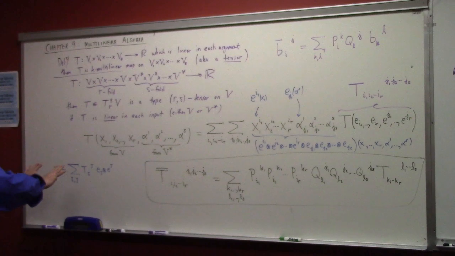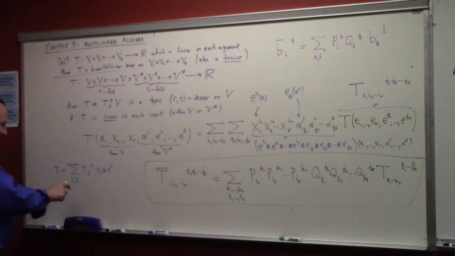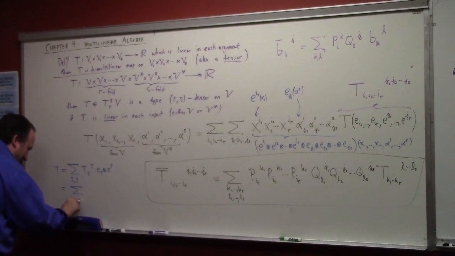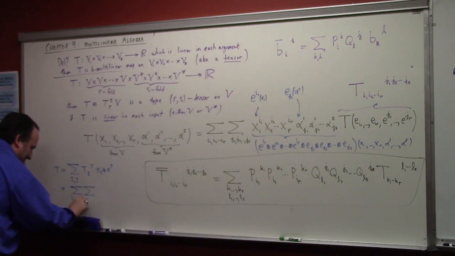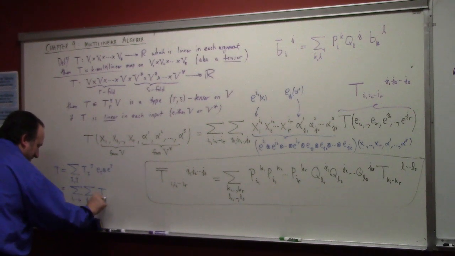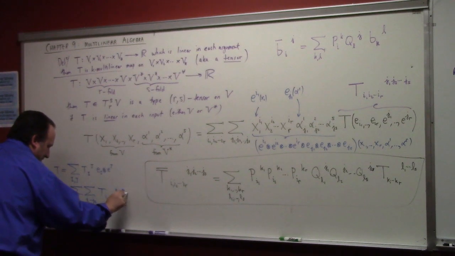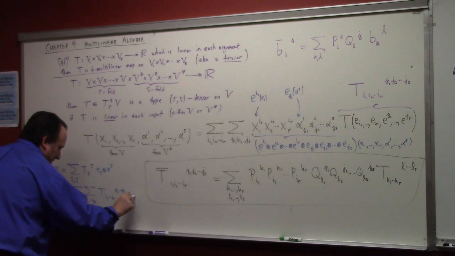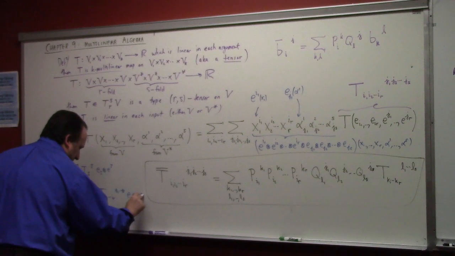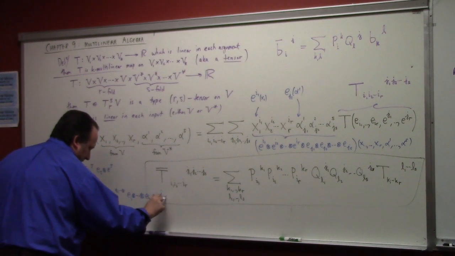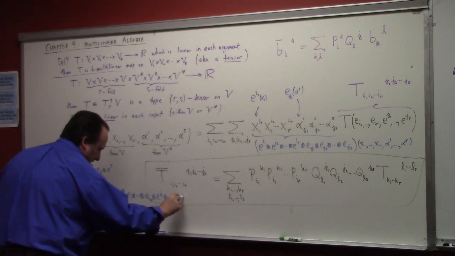And of course, what I mean by this is this much more insidious sum over i1 through ir, j1 through js of T_{i1...ir}^{j1...js} e_{i1} tensor ... tensor e_{ir} tensor e^{j1} tensor ... tensor e^{js}.